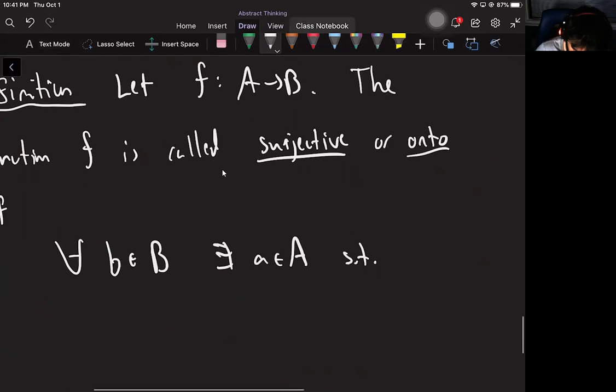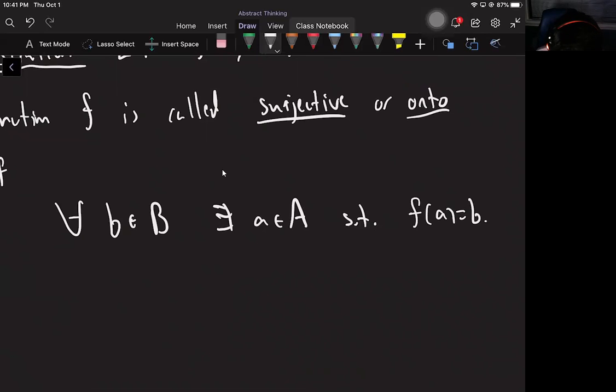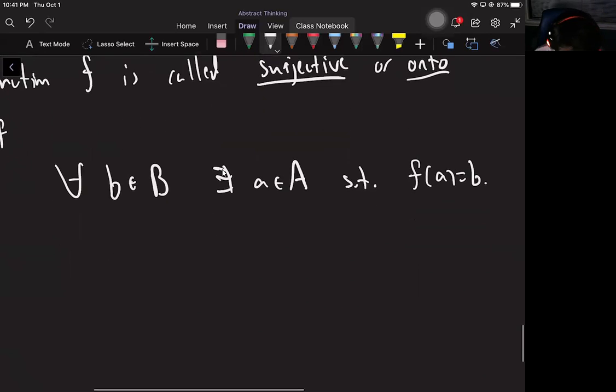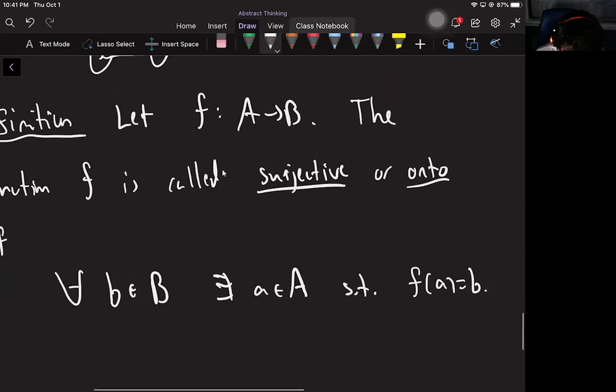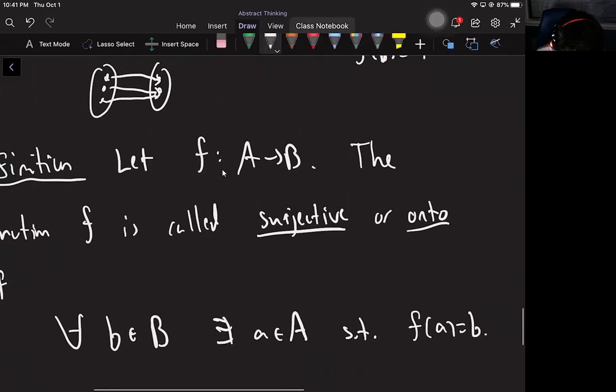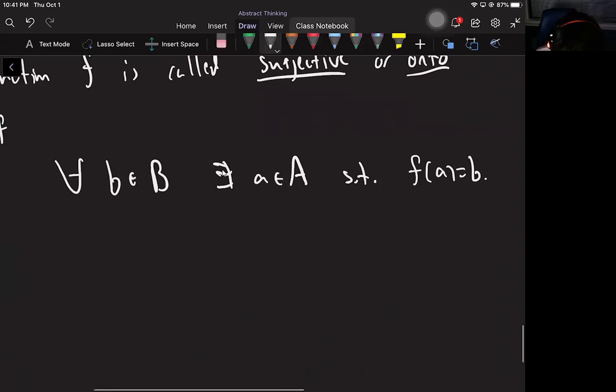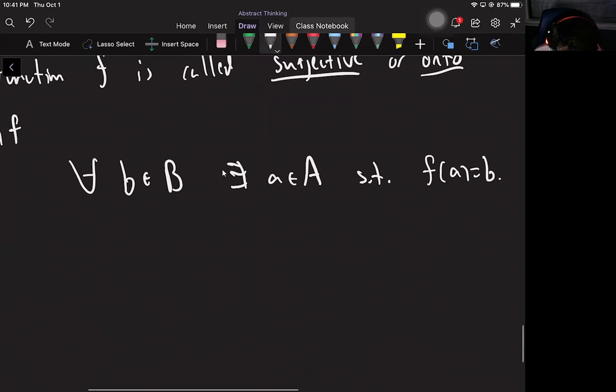What does it mean to hit it? It means when I plug it in, I get to b. So this is saying that for everything in the codomain, there's a way to get to it from the domain using the function. This definition goes along with the picture a little bit more easily than the injective definition. But this is just saying everything gets hit.